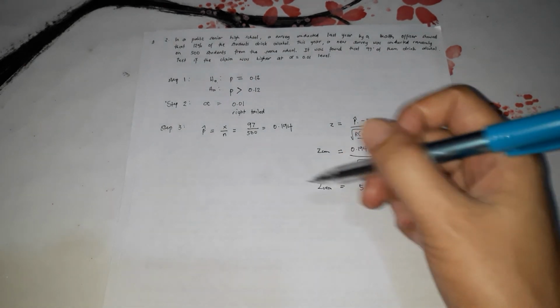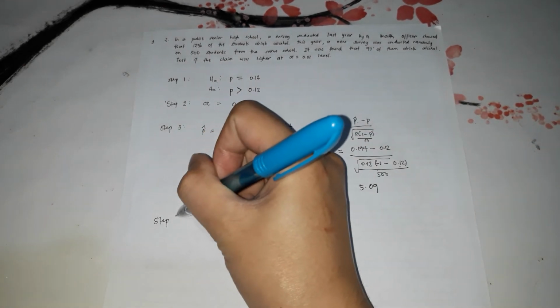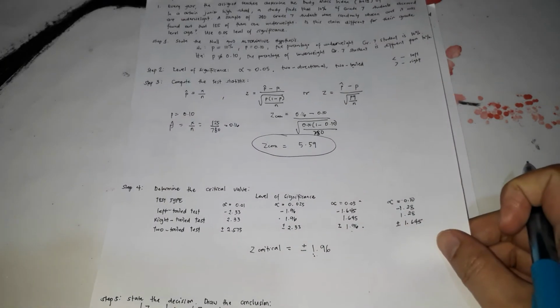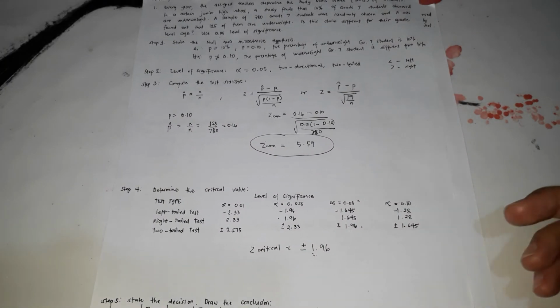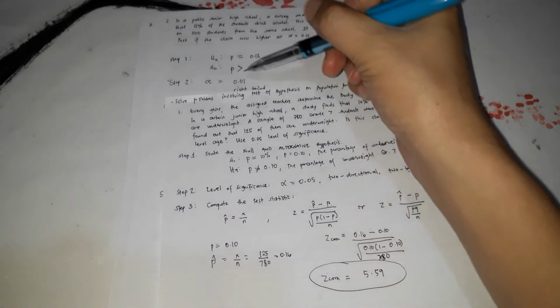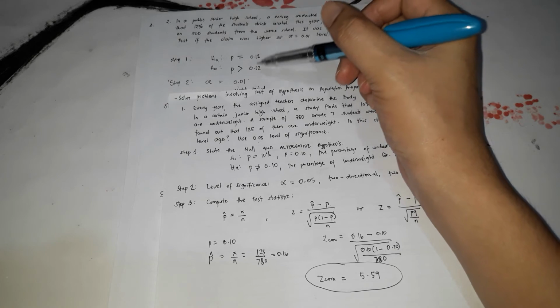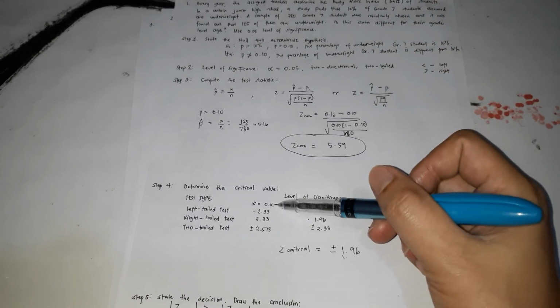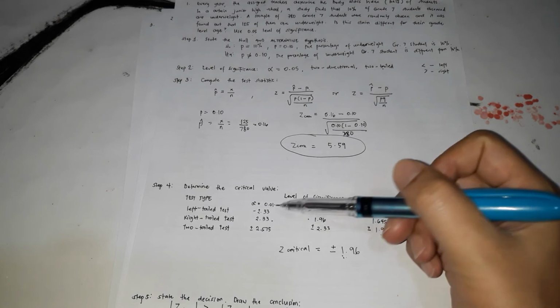Step 4, we're going to determine the critical value. Our level of significance is 0.01, and it's right-tailed. 0.01 right-tailed, 2.33.